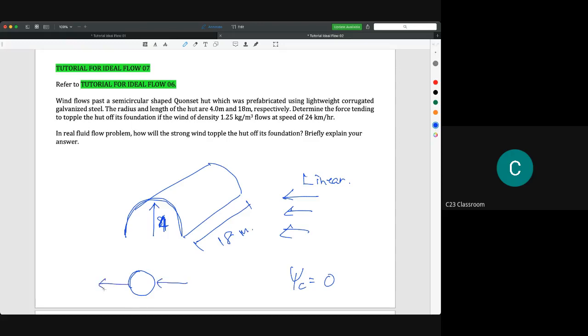How to differentiate between this half cylinder depends on the value of our integration. For this situation, we use from 0 to pi. So this is 0 and this is pi. This is the difference between full cylinder and half cylinder.